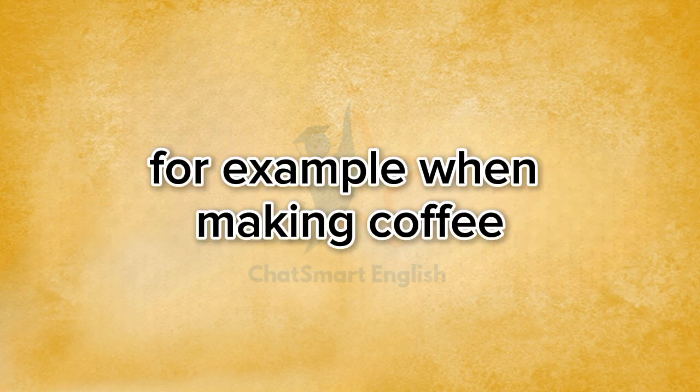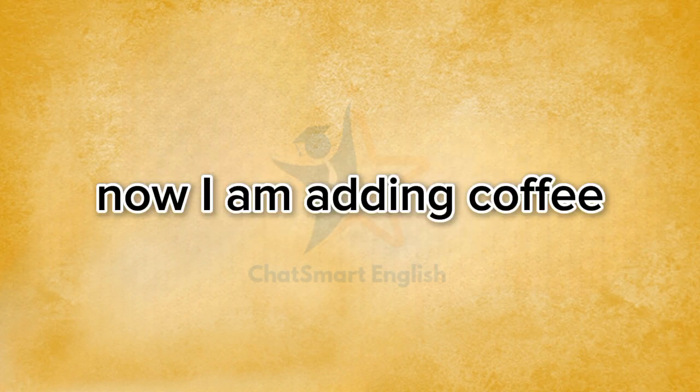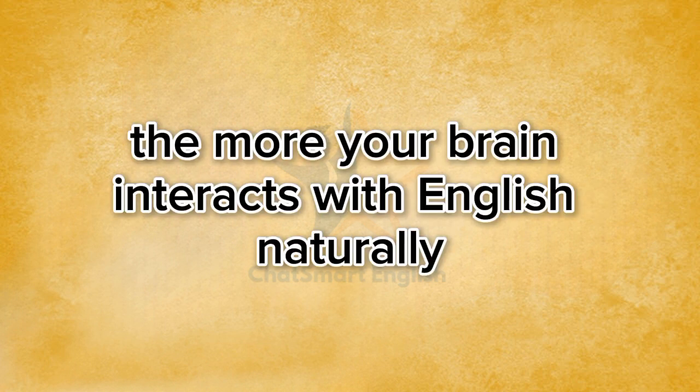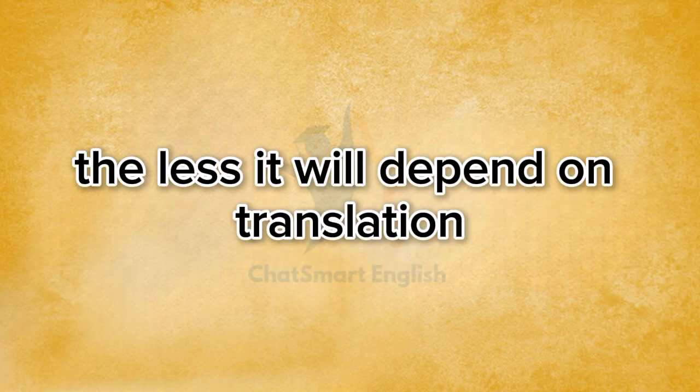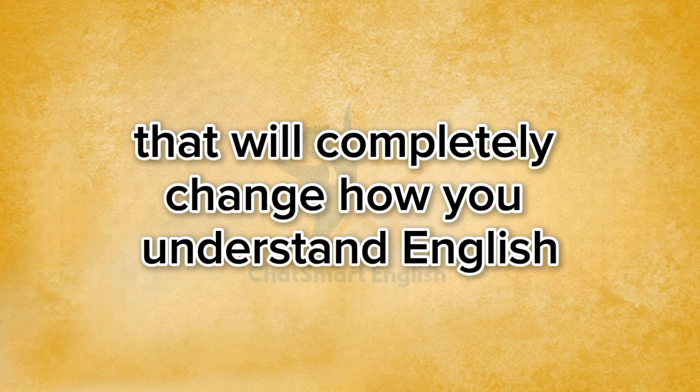For example, when making coffee, say in your mind, "I am boiling water. Now, I am adding coffee." The more your brain interacts with English naturally, the less it will depend on translation. And this brings us to the next powerful technique, a method that will completely change how you understand English.